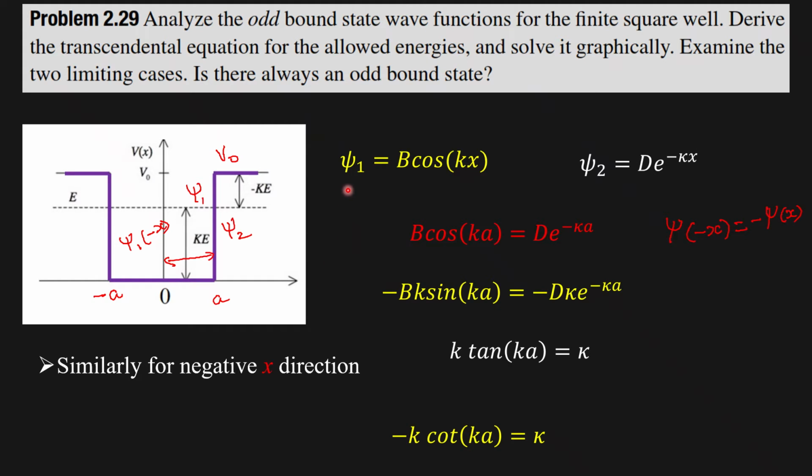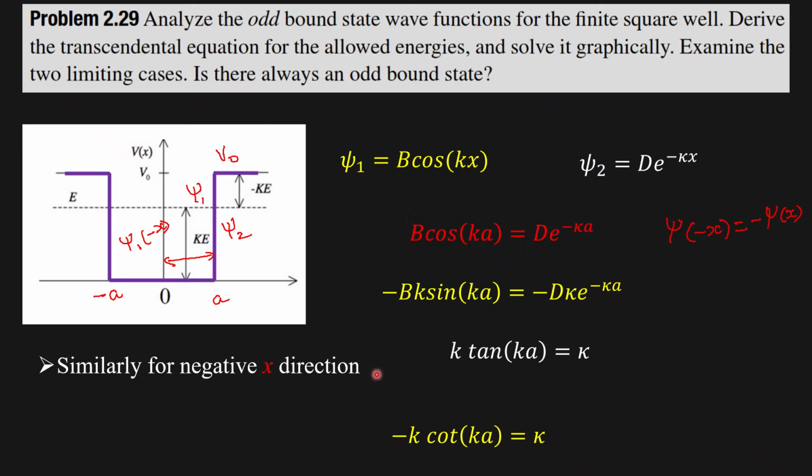So in my theoretical lecture, we have seen the valid wave function psi 1 inside the box in the positive direction. So psi 1 is equal to p cos kx. Psi 2 here is t e to the power minus kappa x.